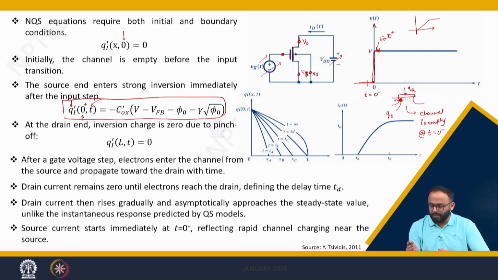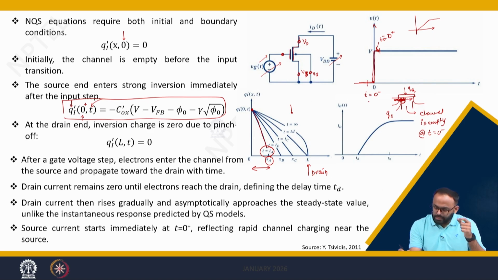It requires some time to move from the source side to the drain side. That is what is called delay time. We can see from this graph that, let us consider the source, the carrier entered at the source and it traveled a distance xa. This is L. Here my drain is, right? So when the carrier traveled a distance xa in time ta, at that moment the charges are only available near the source here, and that was counterbalanced by the gate charge.